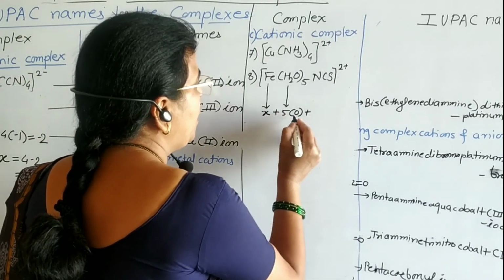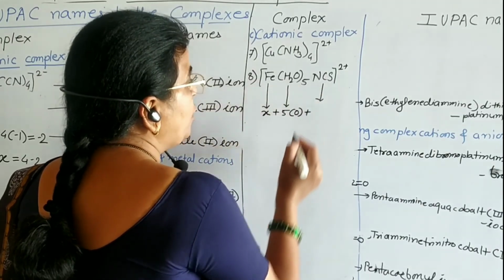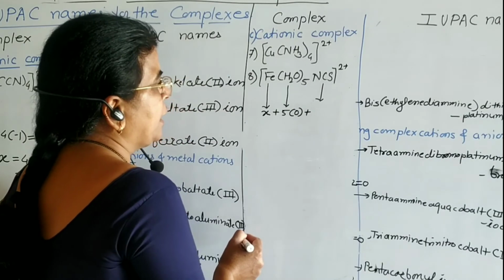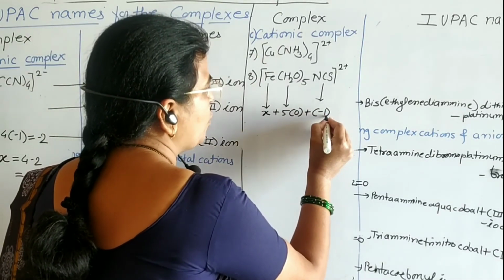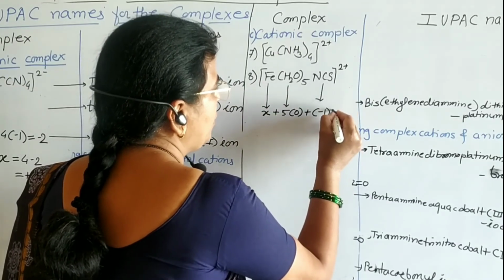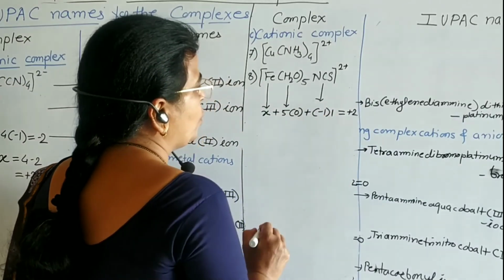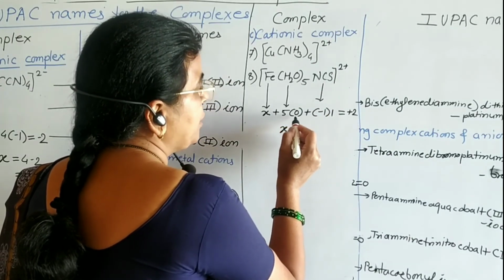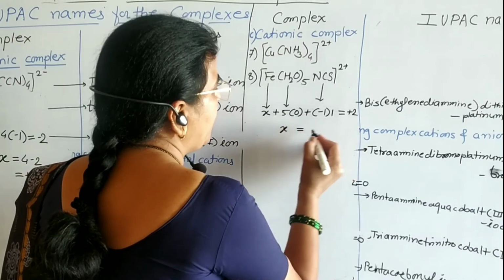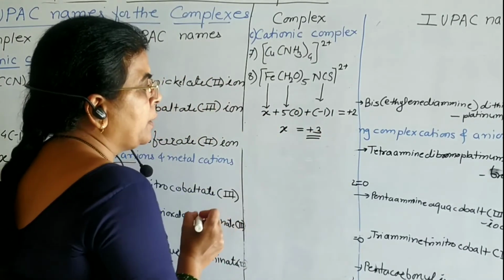Then multiply this 0 by 5, and this is the isothiocyanato group, that is NCS. Now the oxidation state of this NCS is -1 and the number of NCS is 1 and total charge on this complex is +2. Therefore X becomes +3. Therefore oxidation state of this ion becomes +3.